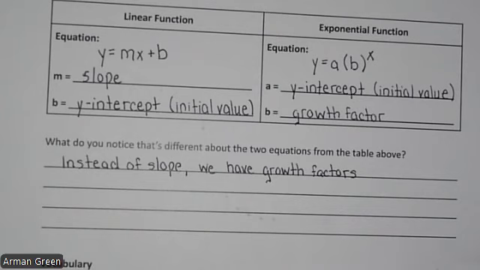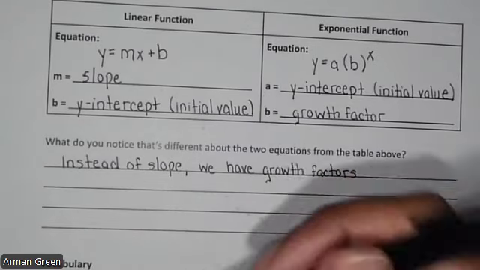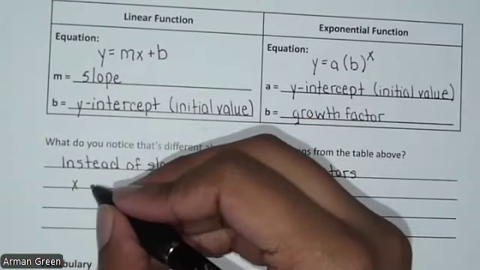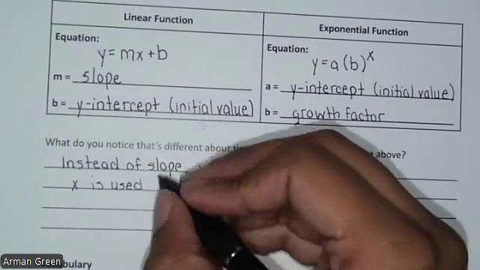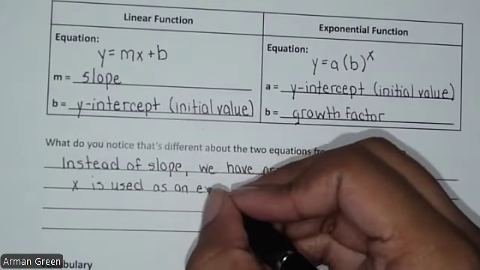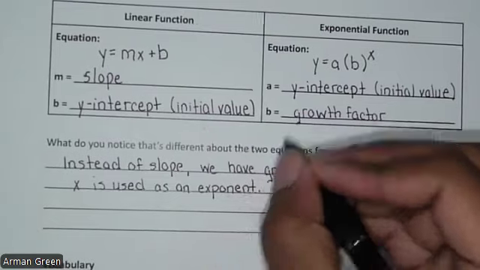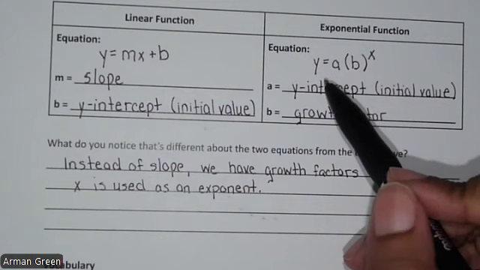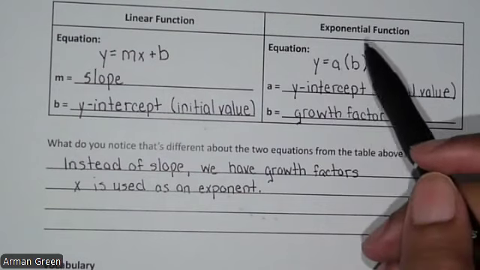The key difference between these two functions is that in the exponential function, x is used as an exponent. That might throw some people off, because x is not something I'm raising to a power.